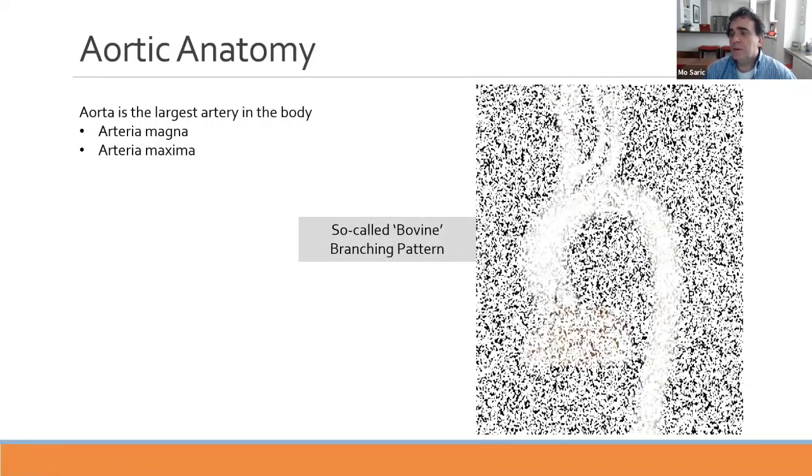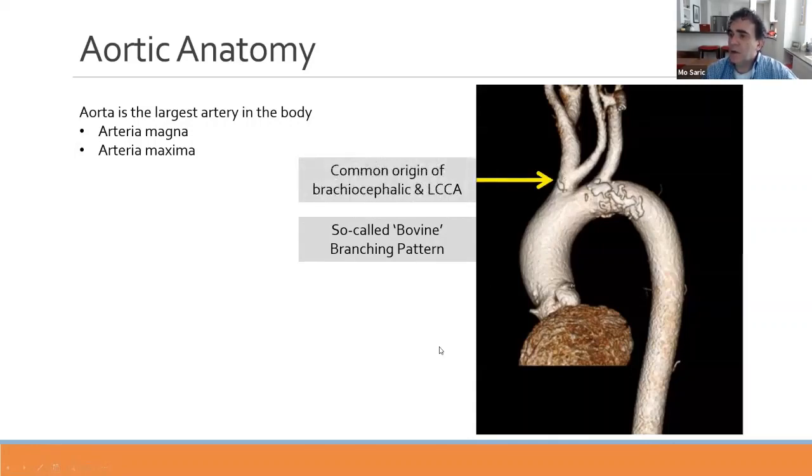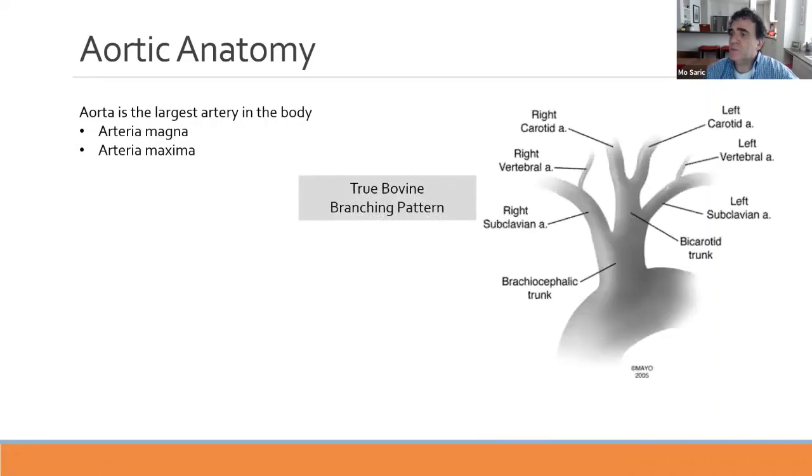However, you will often encounter the term bovine branching pattern, in which the brachiocephalic and left common carotid artery have a common origin, while the left subclavian still originates on its own. This is a complete misnomer because cows actually don't have that branching pattern. This is the true branching pattern, because cows have very long necks, so they have the entire brachiocephalic trunk with all three vessels originating.